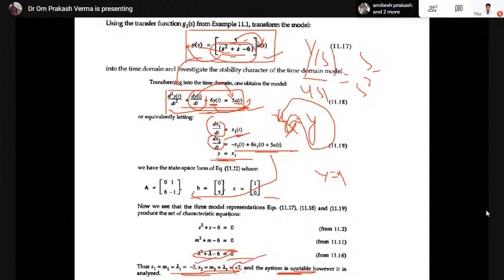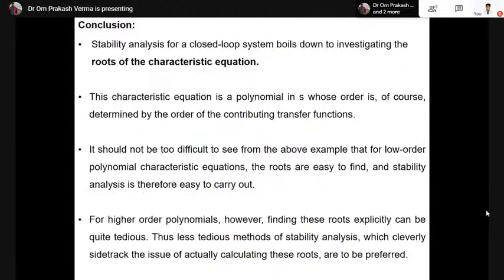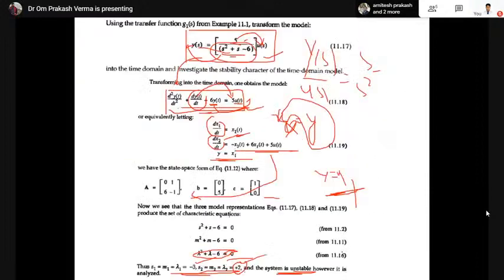So one pole is lying in the right hand side and one is lying in the left hand side. Ultimately this is unstable, because one pole is lying in the right hand side. So this is the conclusion. You can calculate the eigenvalue from this also, and if the eigenvalue is positive, then you can say the system is unstable.